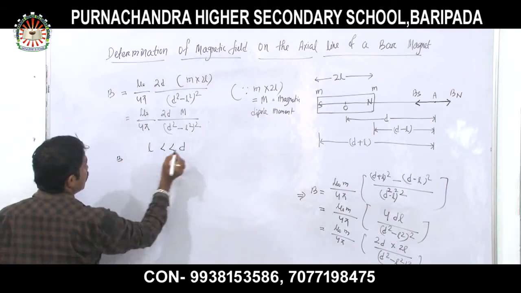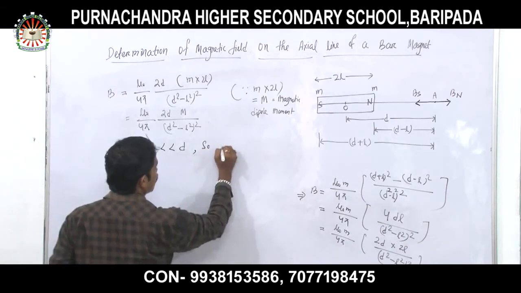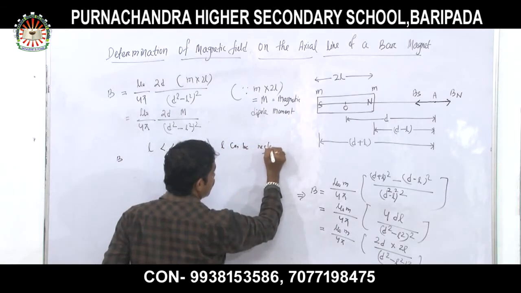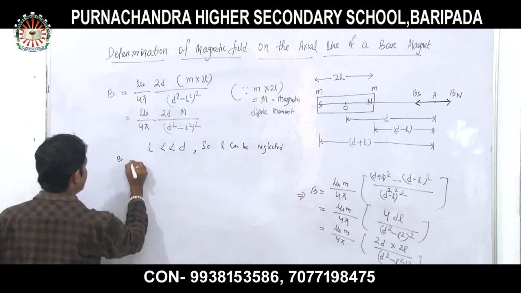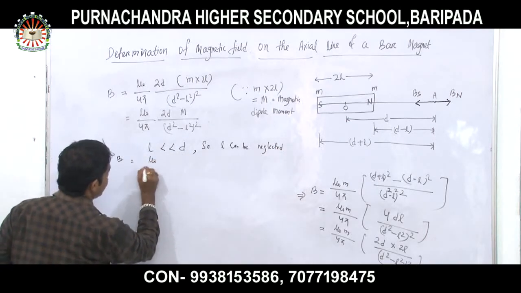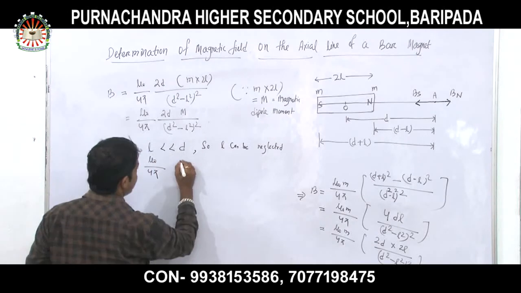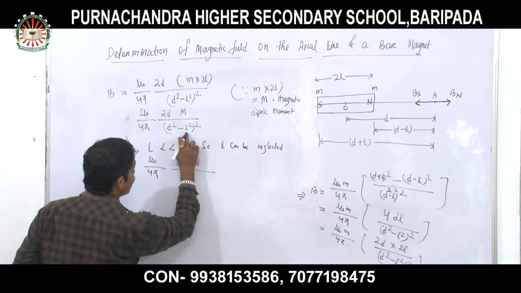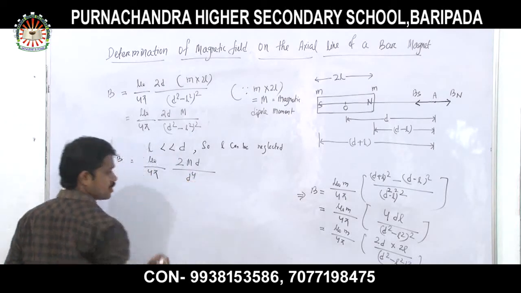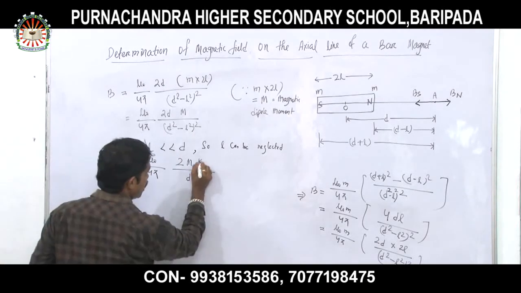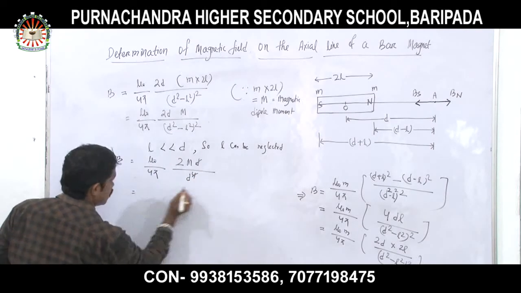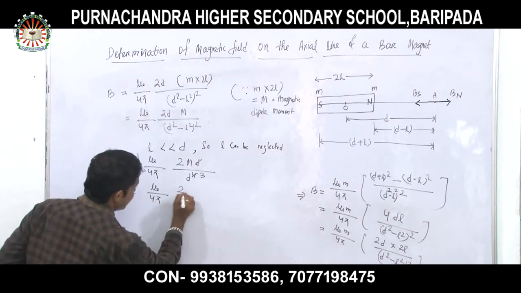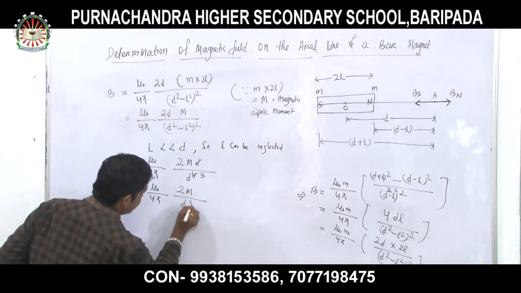So when L is neglected, B is equal to mu 0 divided by 4 pi 2 m d. So when I neglect the L, what I will get, d to the power 4. Very simple. So this one d cancels out. So we will get cube. So mu 0 divided by 4 pi 2m divided by d cube.